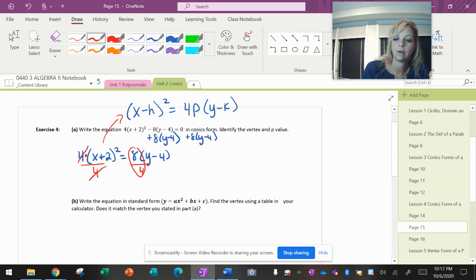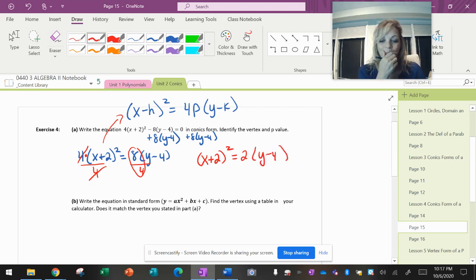So these cancel out, and then I've got (x plus 2) squared equals 8 divided by 4 is 2, times (y minus 4). Okay. And it says identify the vertex and the p-value.